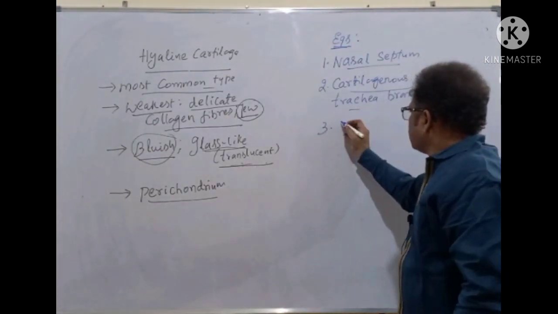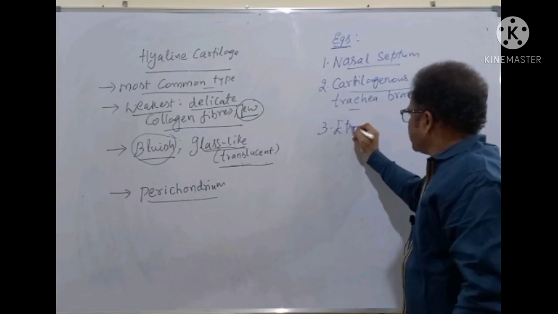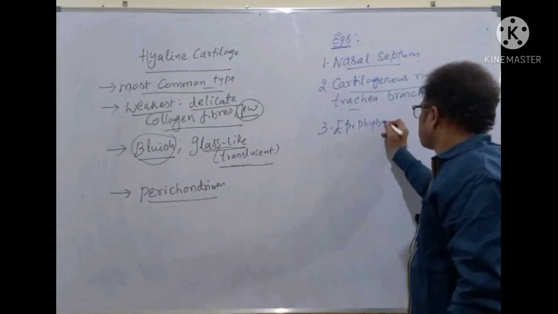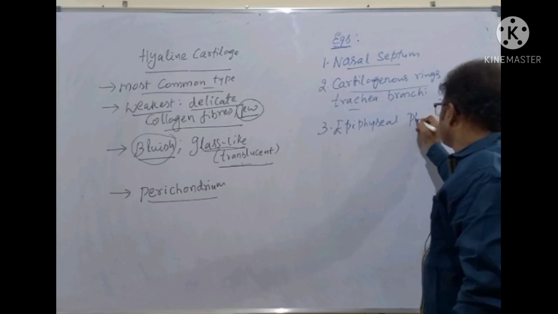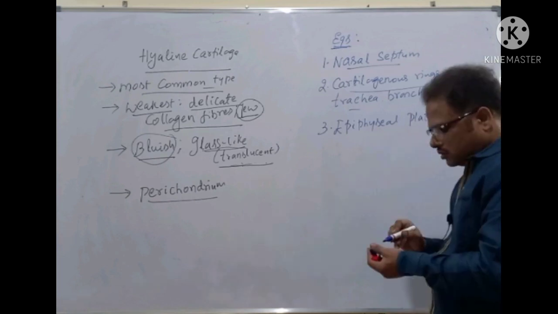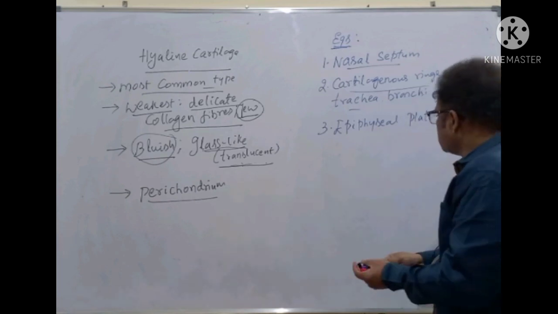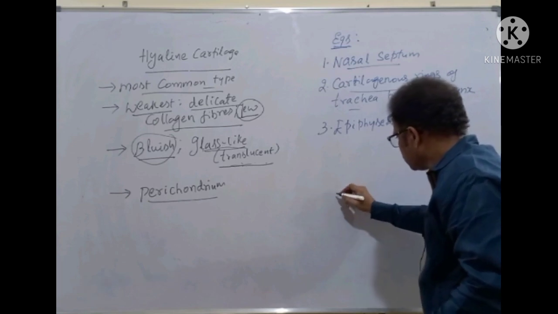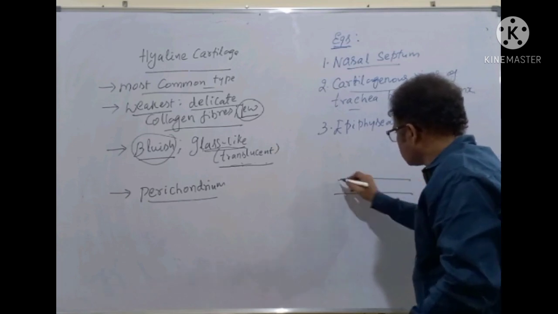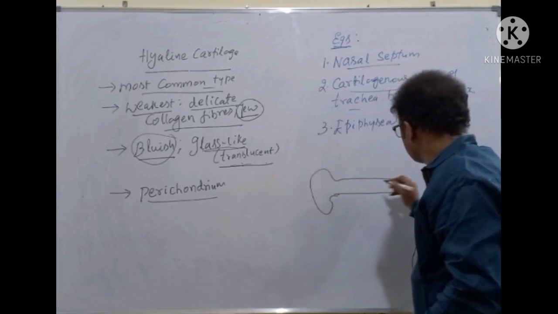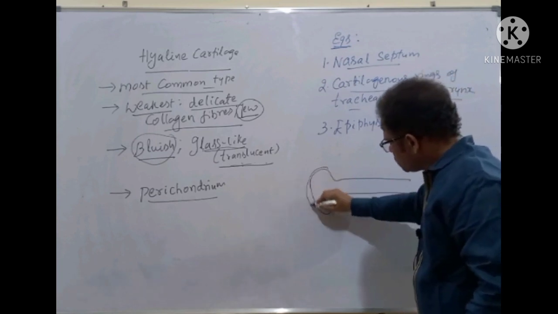Number 3, epiphyseal plates. Structure of a long bone. Here, this is a structure of a long bone.